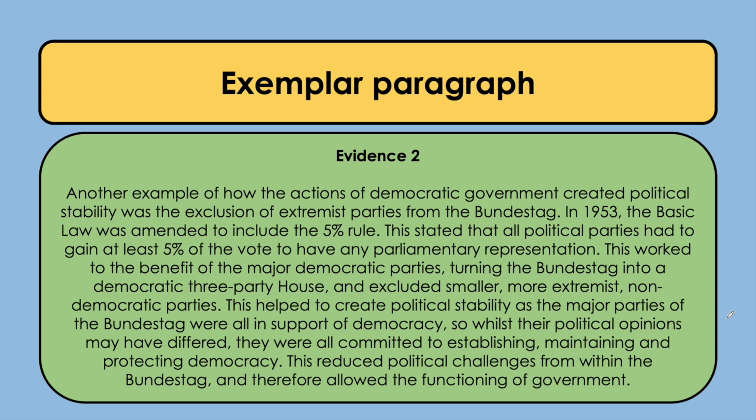This worked to the benefit of the major democratic parties, turning the Bundestag into a democratic three-party house, and excluded smaller, more extremist, non-democratic parties. This helped to create political stability as the major parties of the Bundestag were all in support of democracy. So whilst their political opinions may have differed, they were all committed to establishing, maintaining and protecting democracy. This reduced political challenges from within the Bundestag and therefore allowed the functioning of government.